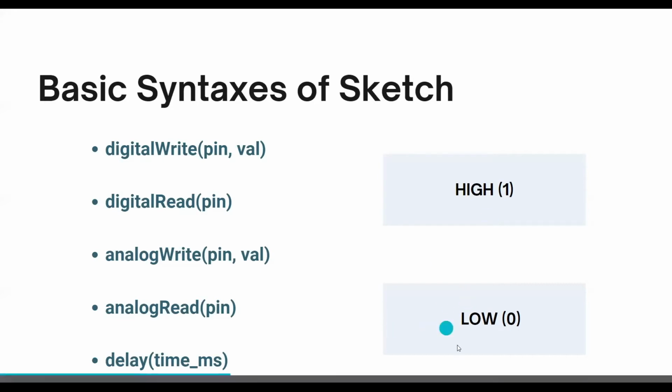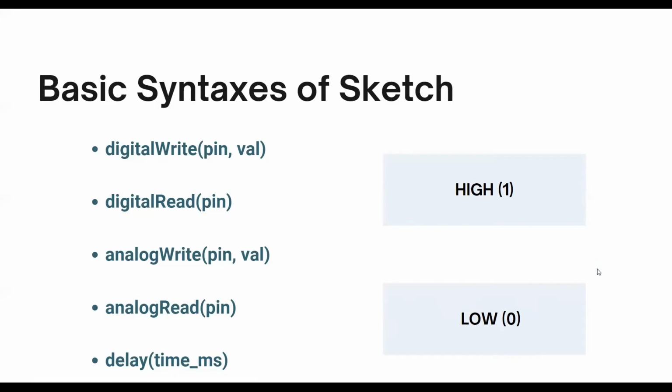And if you write LOW or 0, that means it will cut the power supply, and it will ask the application to stop, whether it is an LED, buzzer, or whatever it is. So this is the significance of HIGH and LOW in Arduino Sketch. We will see its application.